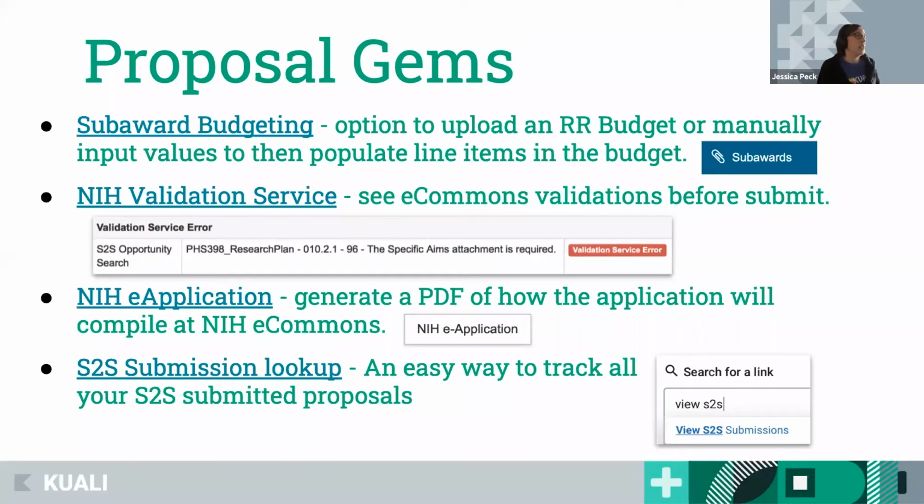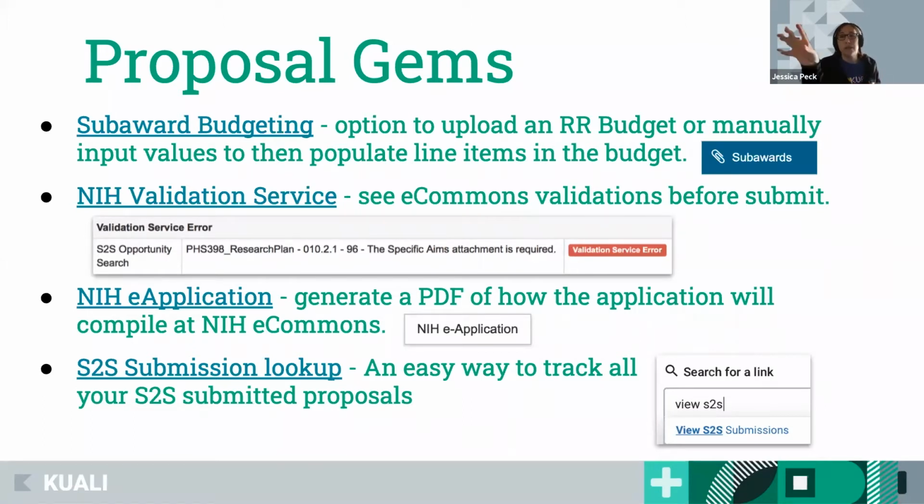The other great thing that we added maybe 6 months ago, along with the NIH validation service, is the ability to generate a PDF of how it will actually look and compile at NIH Commons. And it's via this NIH e-application button, which I'll show you. What it does is go and retrieve the compiled image from the actual service that Commons uses.